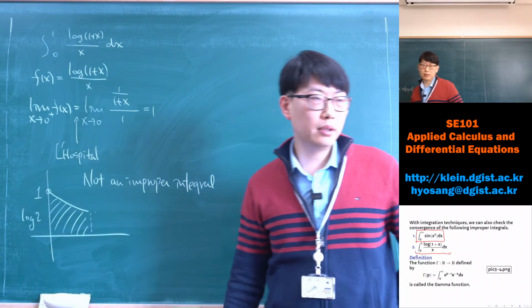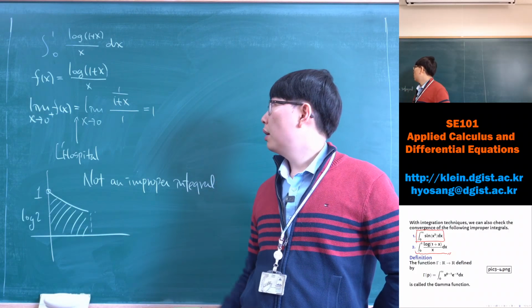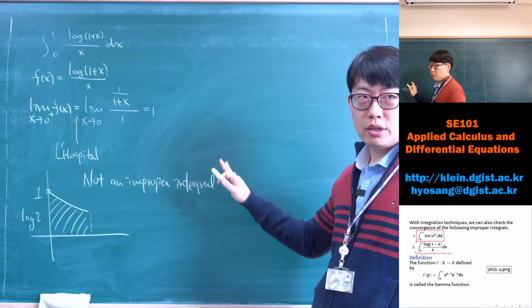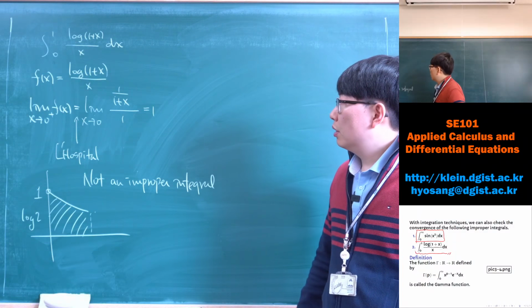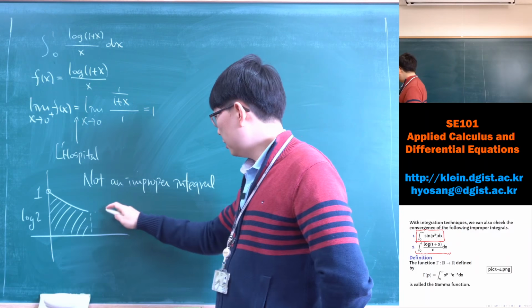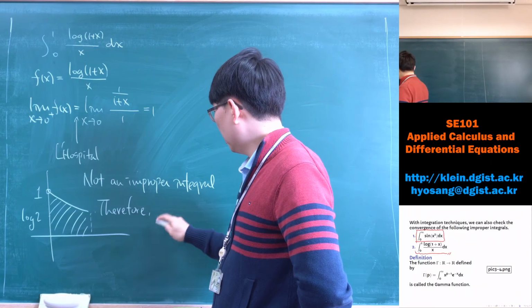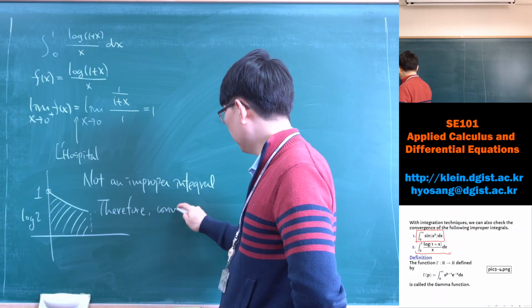But finding the actual integration value is a different question. So I'm not going to do this here. You're only checking whether this integration converges or diverges. So the conclusion is, therefore, it converges.